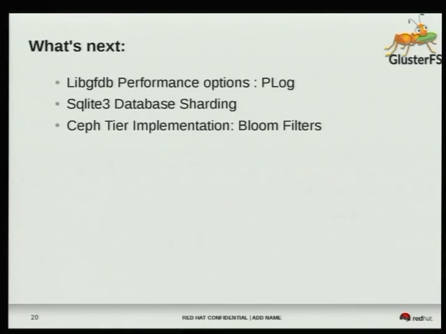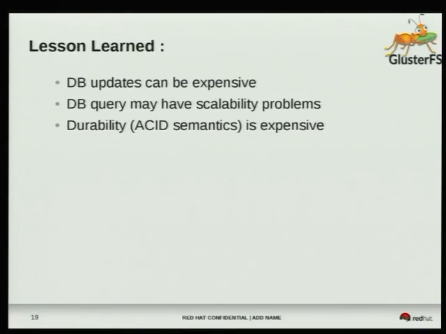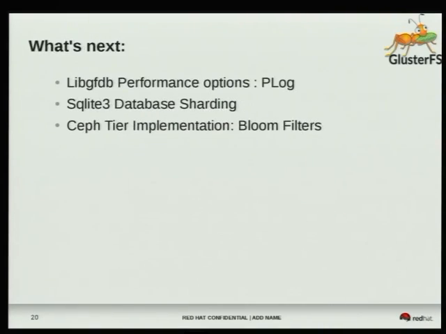Now, solutions. So the first problem is that a few updates are expensive. So we will introduce something called a plog in our library. What this will do is, it's a circular log. I got this from the SQLite community also.